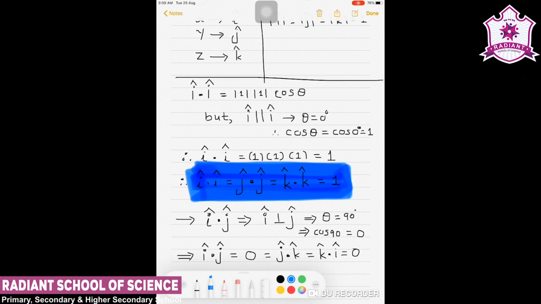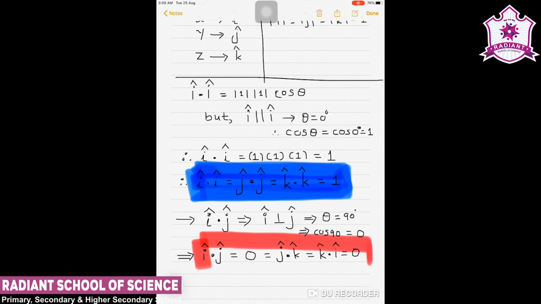So here we can define another rule or law, that i dot i, j dot j and k dot k is 1, but i dot j, j dot k and k dot i is equal to 0.